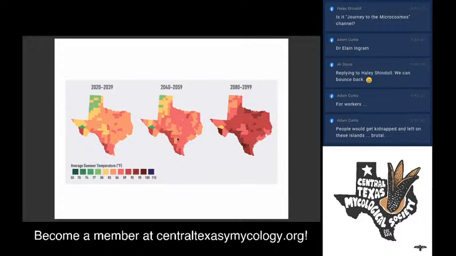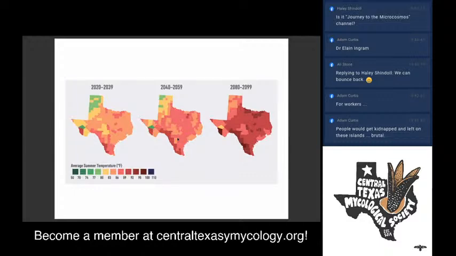But here we have a projection of the heating in Texas that will potentially occur over the next 100 years or whatever. And we're in 2020 now. We kind of see how bad the summer temperatures were. We're coming out of summer now, and so we all experienced more or less how this was going to be.